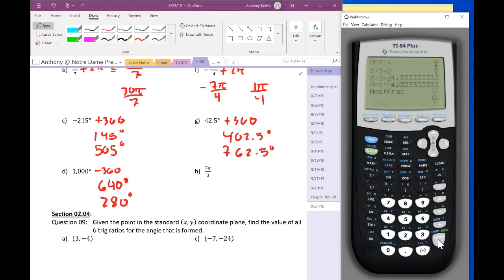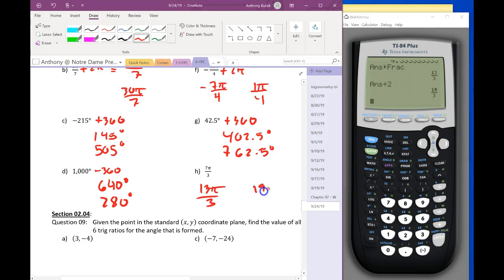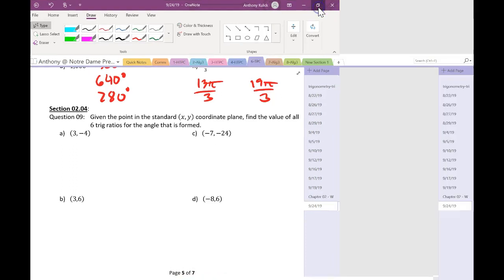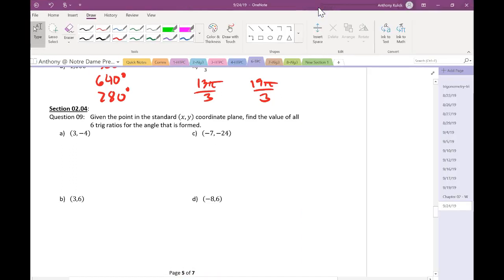It's okay, I can do it after. That's going to give me 13 pi over 3. And we'll just add another 2 pi, and we get 19 pi over 3. So that's easy enough, right? Use your calculator, it'll help, especially with the fractions. Not that you can't do it by hand, it's just time consuming.